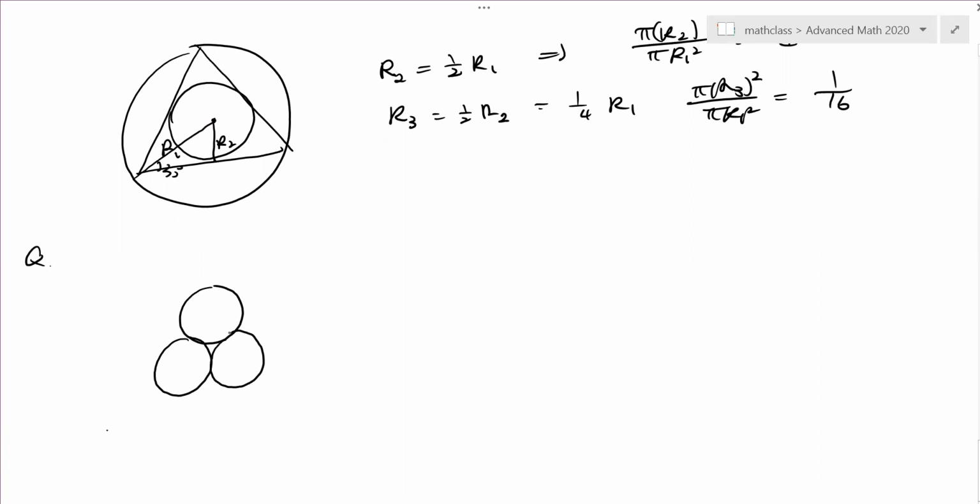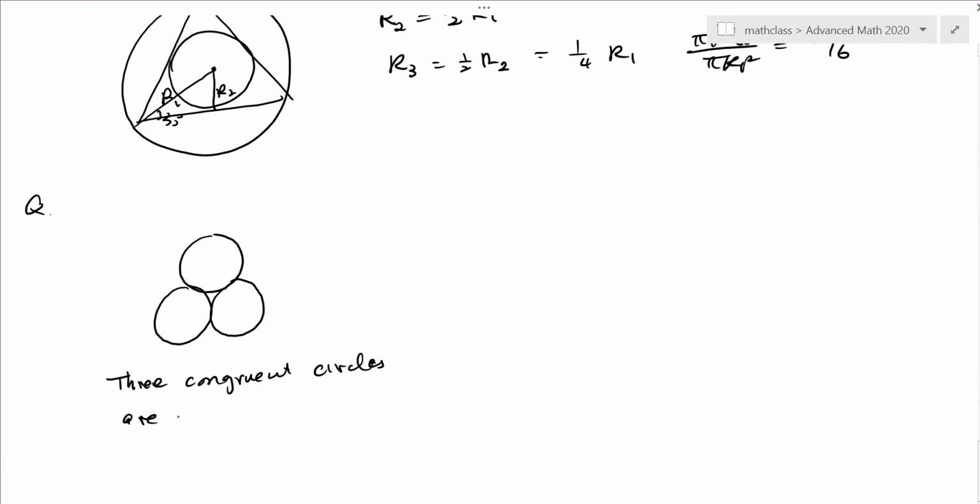The three congruent circles are tangent to each other, and this is called the radius. There's a tangent point here, a tangent point here. Those are the tangent points. I really want to find the area of the shared region, this black one.